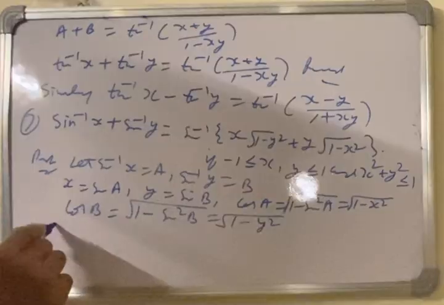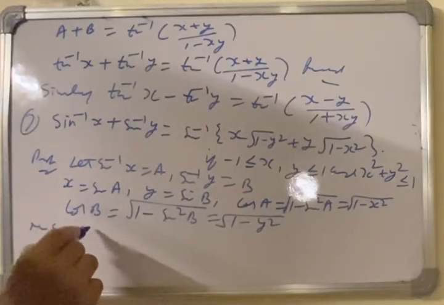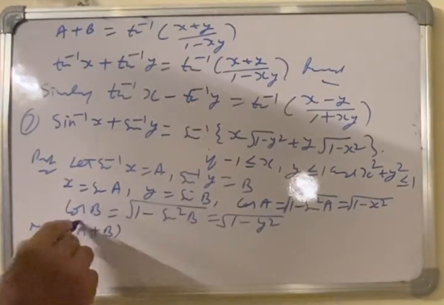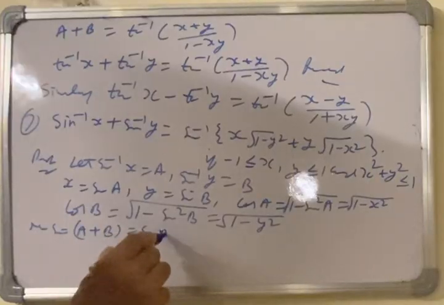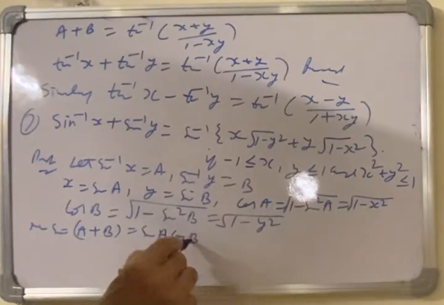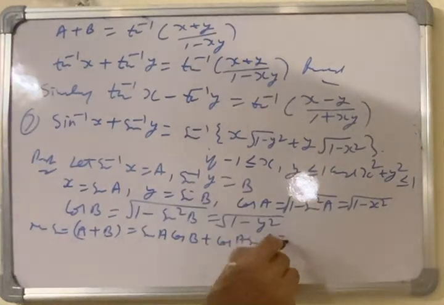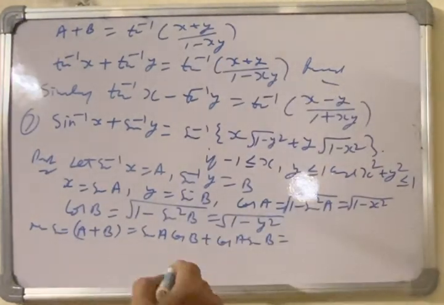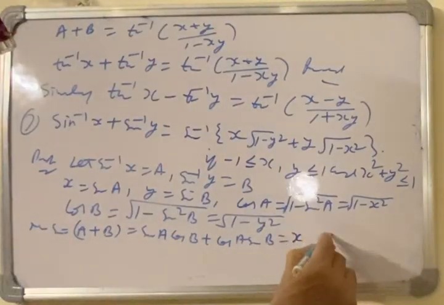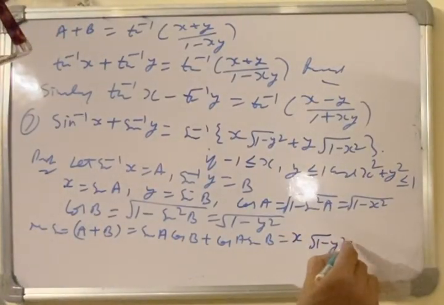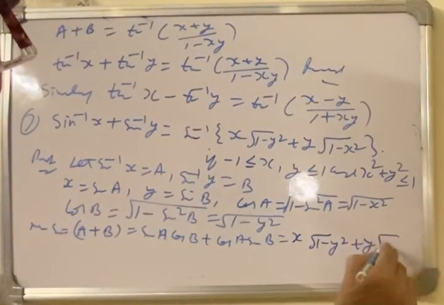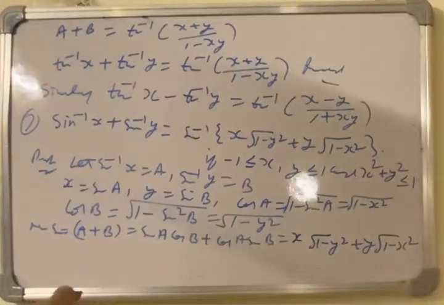Now, sine of A plus B is sine A cos B plus cos A sine B, which is x into square root of 1 minus y square plus y into square root of 1 minus x square. Their values.